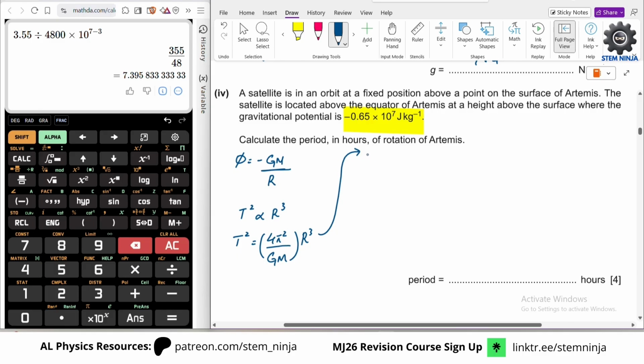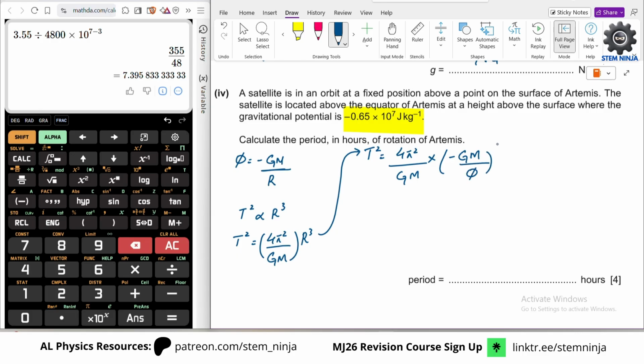So first let's plug in the r over here. So you will have T squared equals 4 pi squared over GM, r is minus GM over phi, minus GM over phi cubed, right?